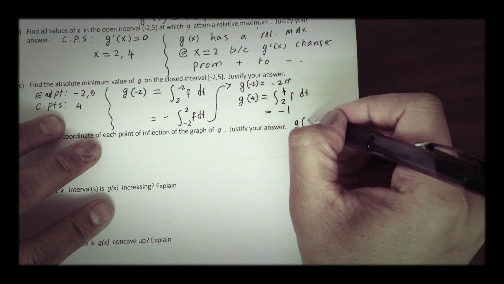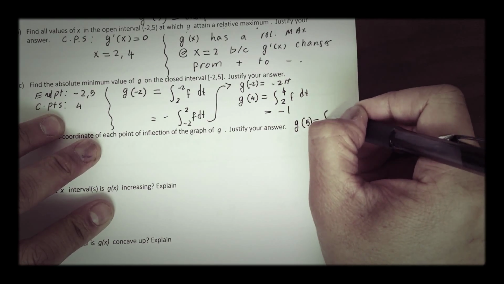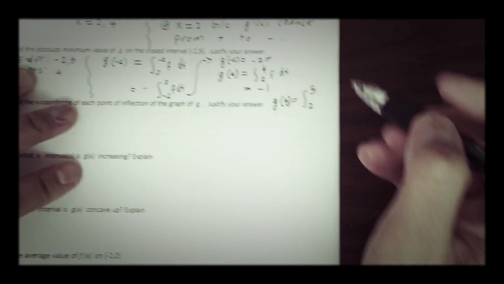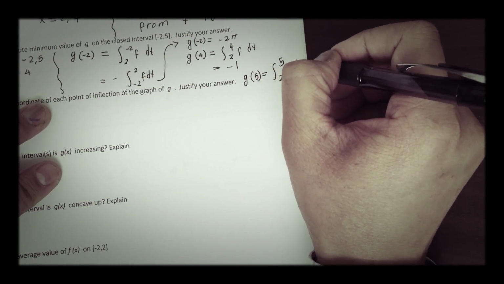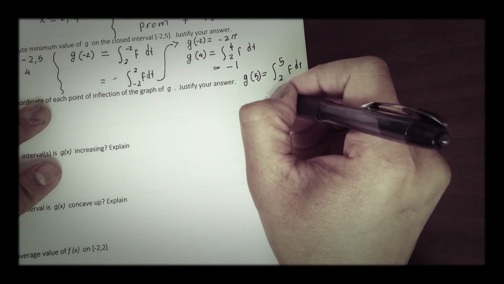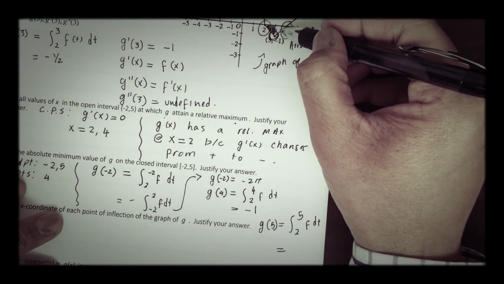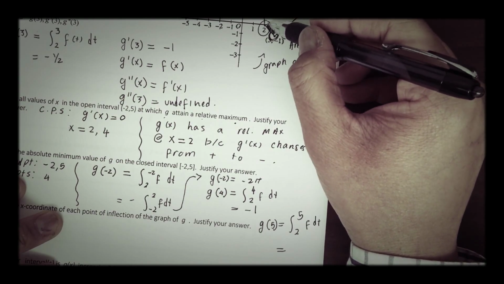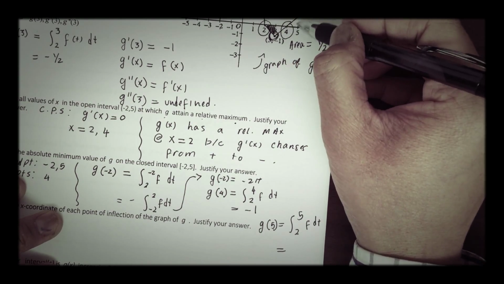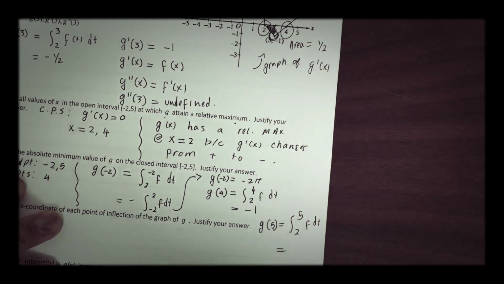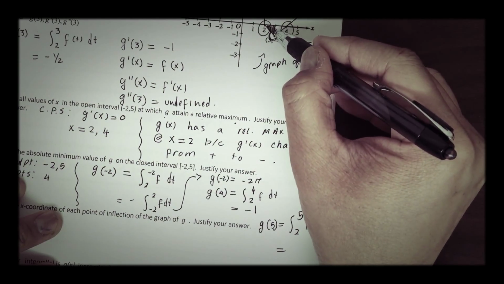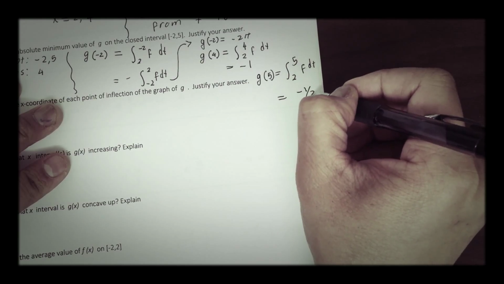And then the last, we check 5. So from 2 to 5, because that's how g is defined, of f. If you look carefully, from 2 to 5 you've got a 1 down here, and then you've got a half up here. So half minus 1 gives you -1/2.